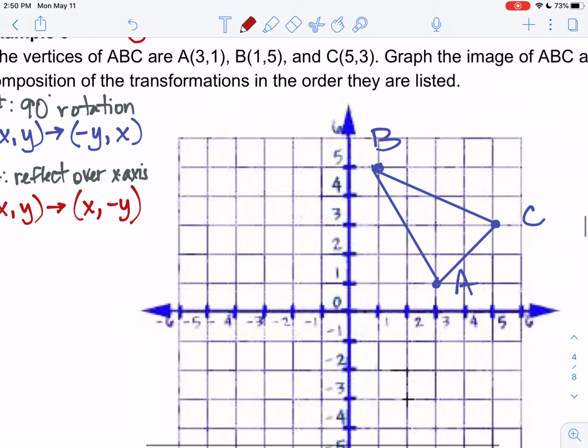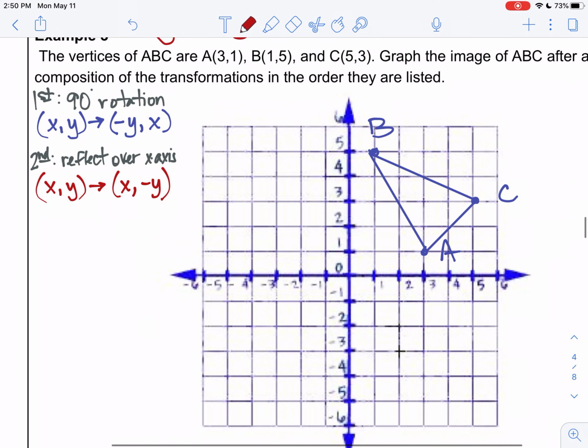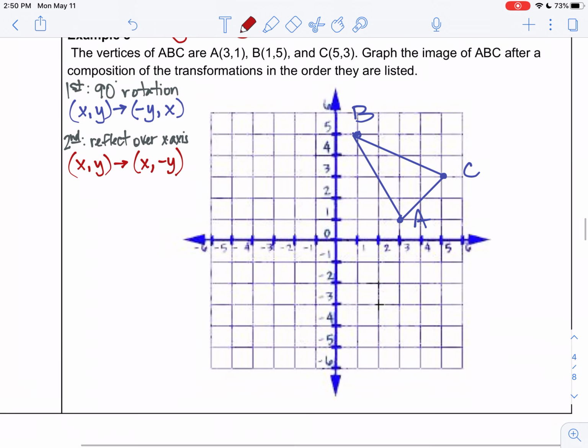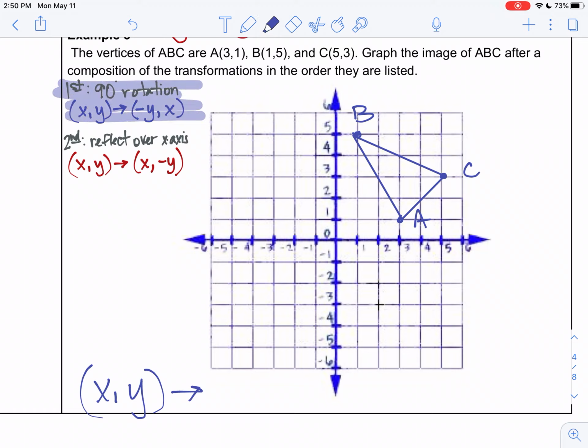So we can choose to either perform each of these individually, or we can write a single rule and just have to graph one more shape. Since I'm feeling kind of lazy, I'm going to write my rule first and then apply my composition of transformations.